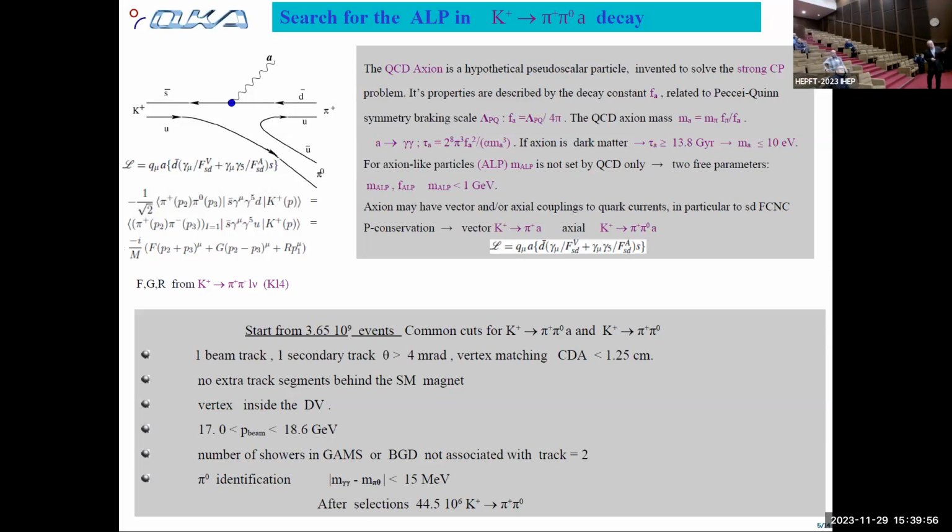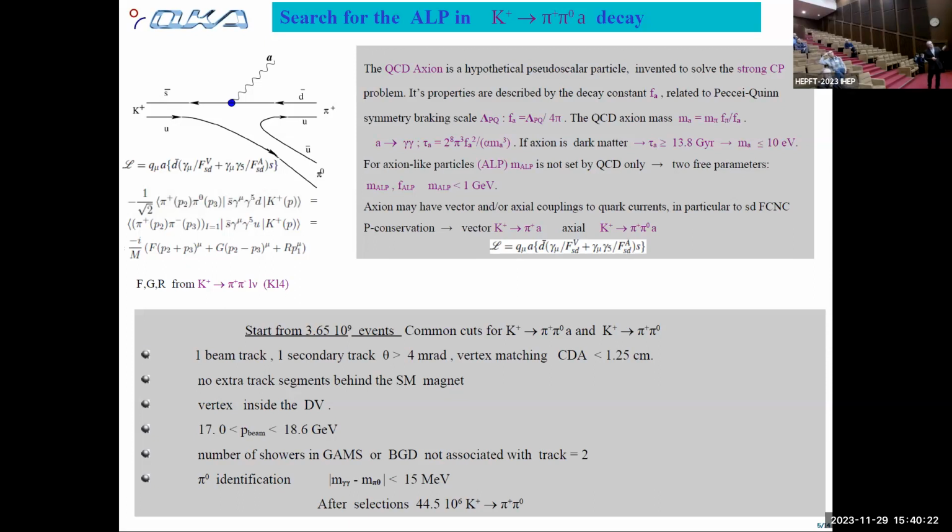And then in this theory you have 2 independent parameters: the mass of the axion-like particle and this f. And in this way, from a similar requirement, you may have a softer limit for the mass, which is less than 1 GeV. So we're working in this concept.